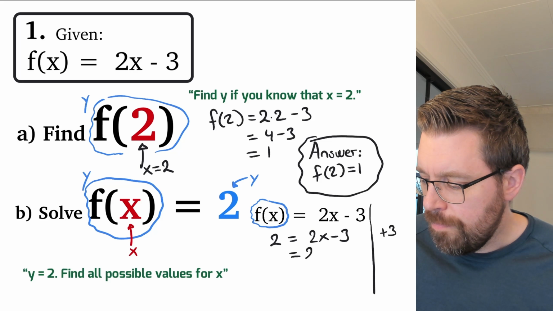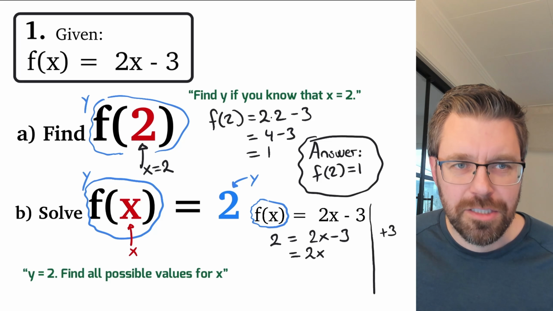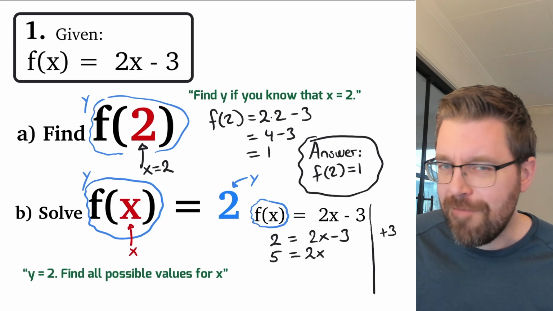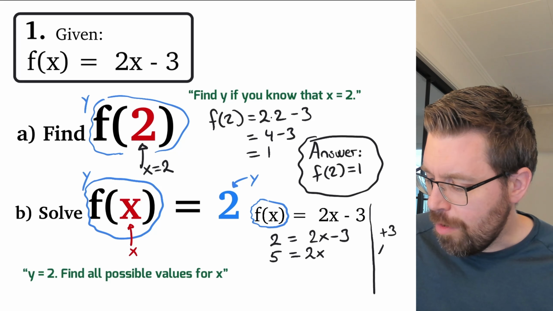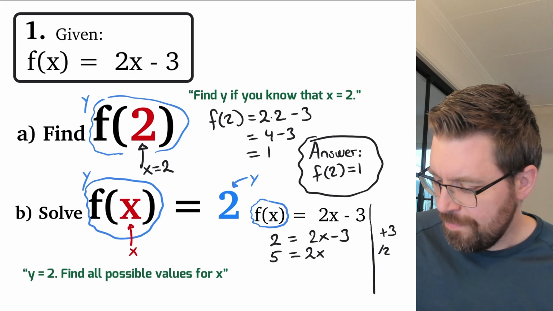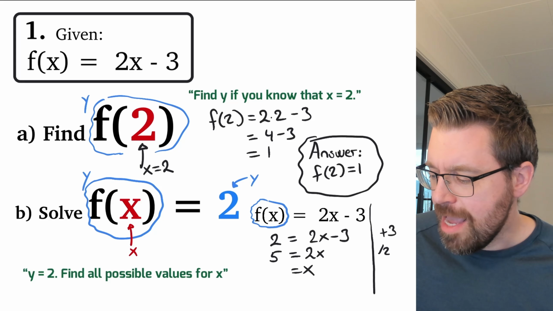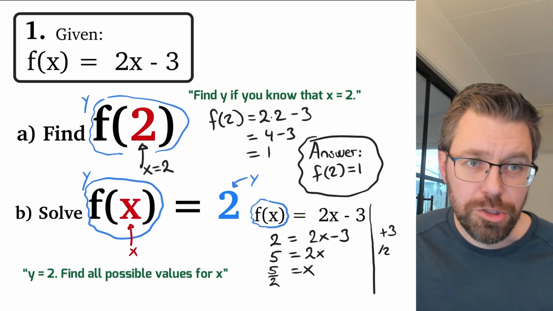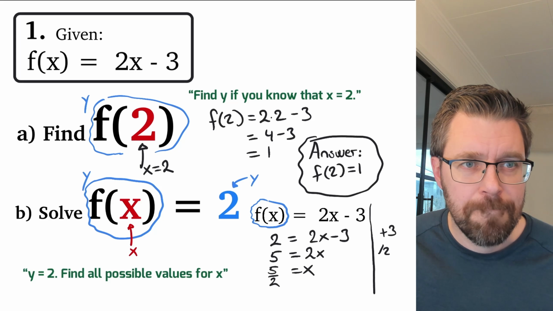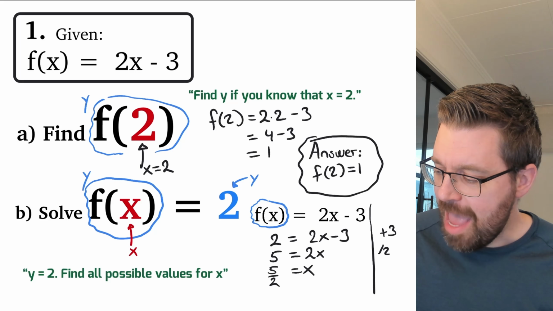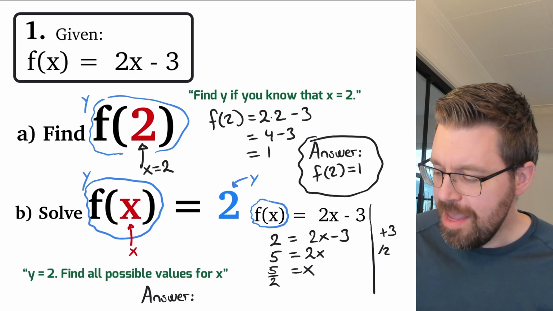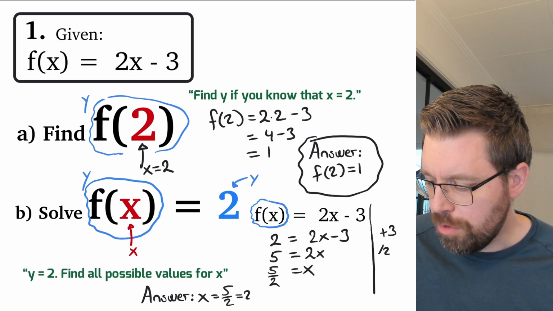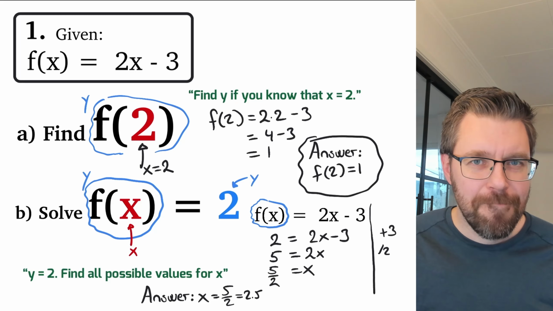So on the right we get 2x only, and on the left we get 5. And then we divide both sides by 2. And on the right we get x, and on the left 5 over 2, or 2.5, which is the same thing. So the answer to the question is x equals 5 over 2, or 2.5.